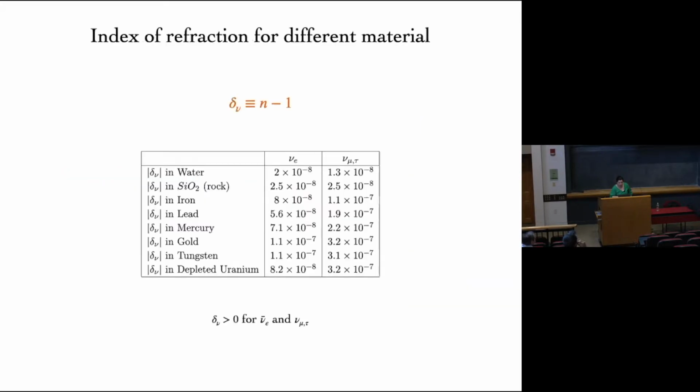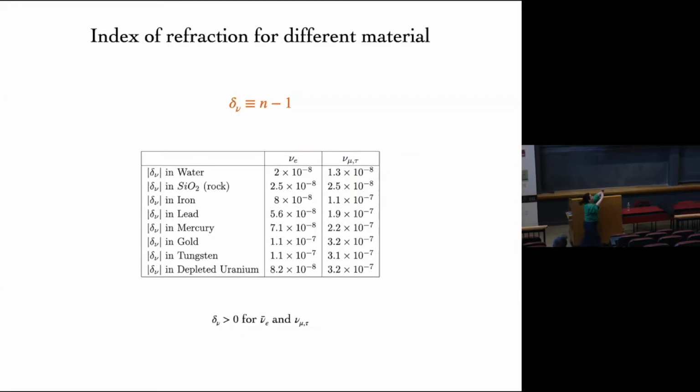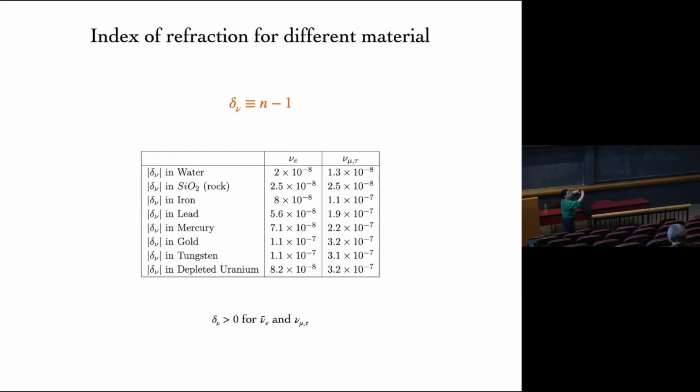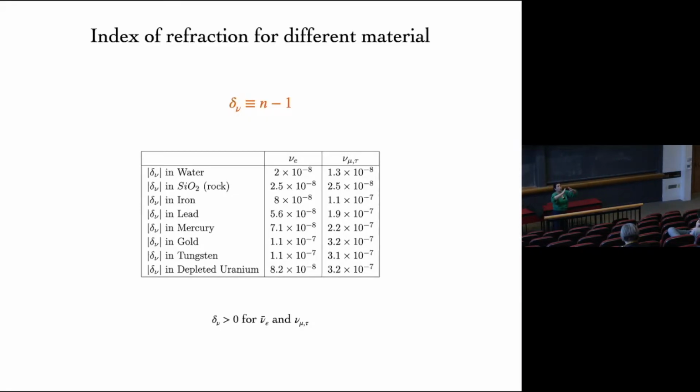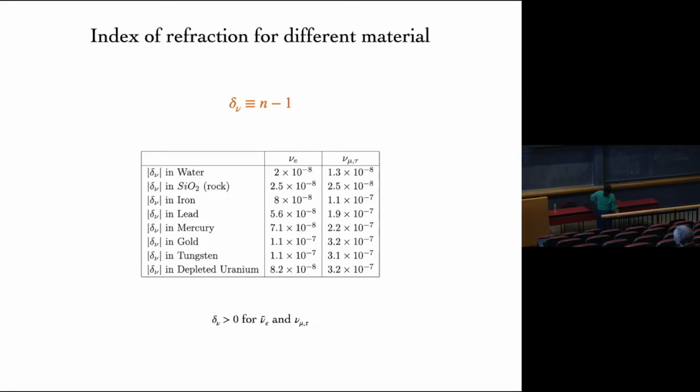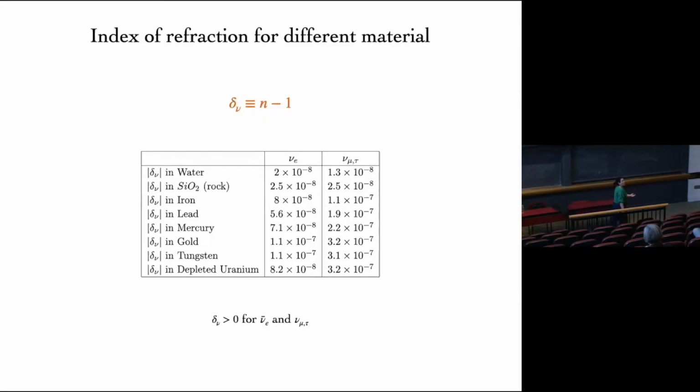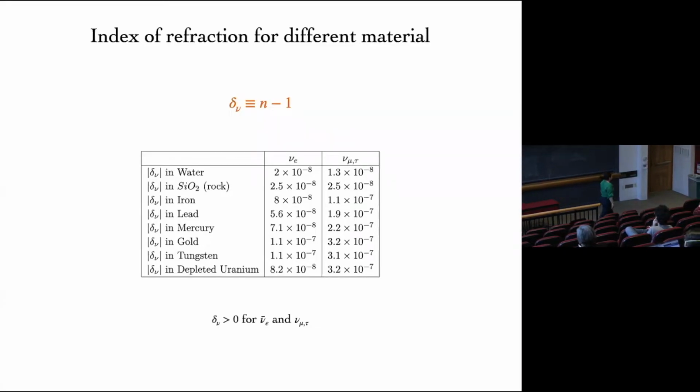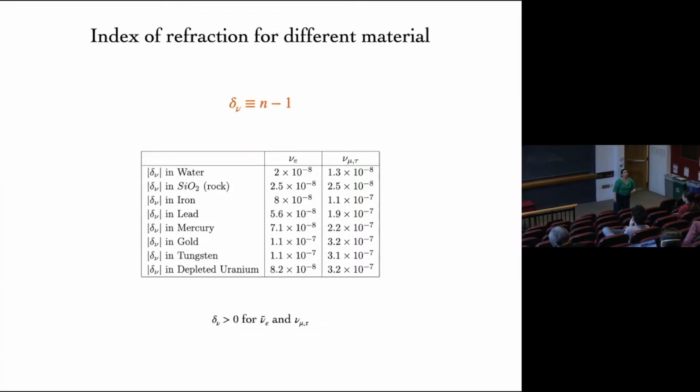This is a summary of values, just to give you an idea. You can take the expectation value of m_neutrino U over k squared and calculate some average index of refraction for the neutrino, for the CνB, for different materials: water, silicon oxide, which is essentially rock or dirt. You see that as you make the atom heavier, with a bigger number of neutrons and protons, the index of refraction goes up.